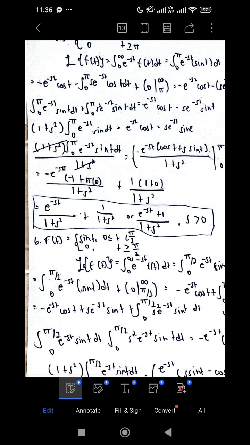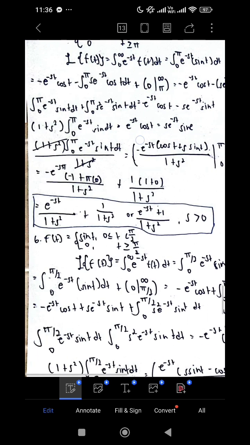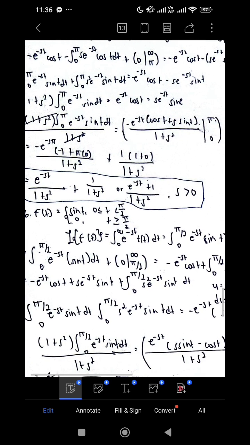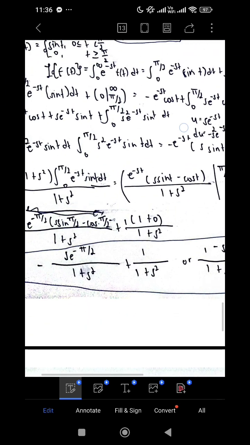Then the final answer will be e raised to negative st over 1 plus s squared plus 1 over 1 plus s squared, or e raised to negative st plus 1 over 1 plus s squared, and s is greater than 0. It's going to be the same here.